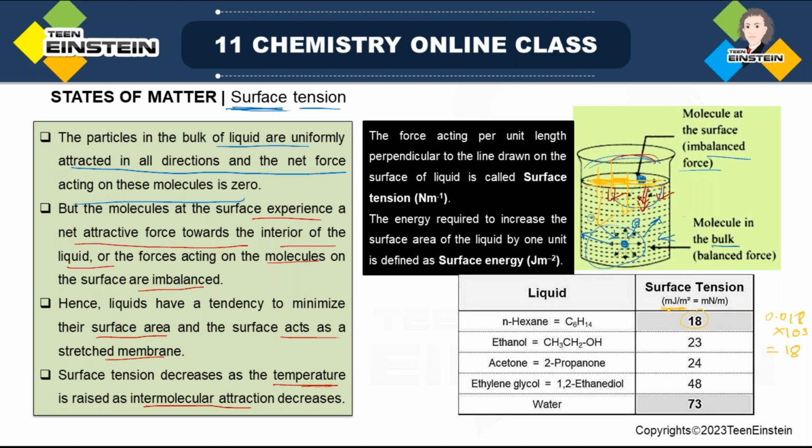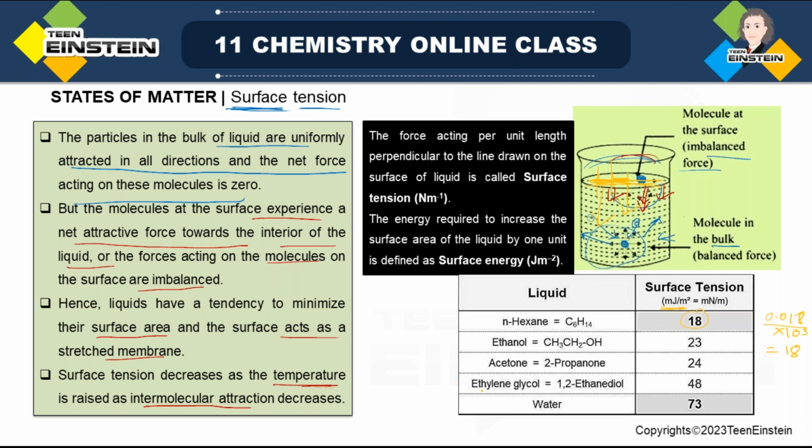Values expressed directly in joule per meter square or Newton per meter look like 0.018, 0.023, 0.024. That is why here we have taken millijoule per meter square, or millinewton per meter, whatever you say. Fine.